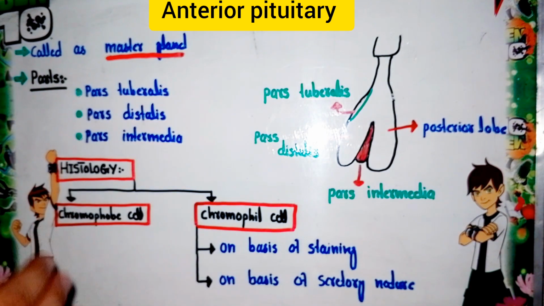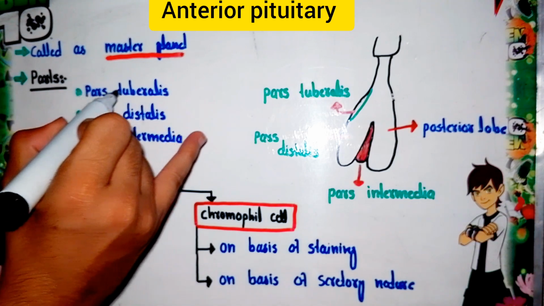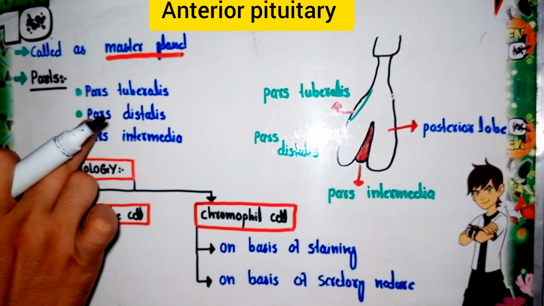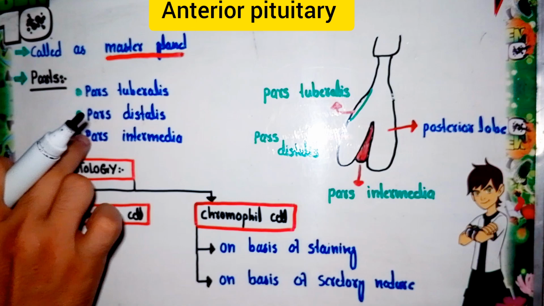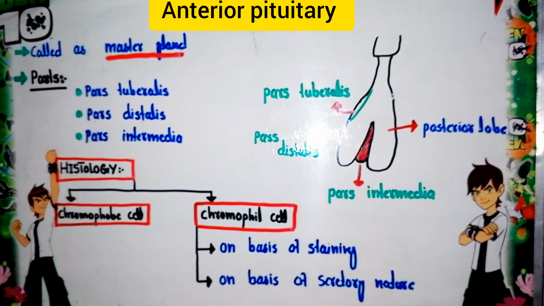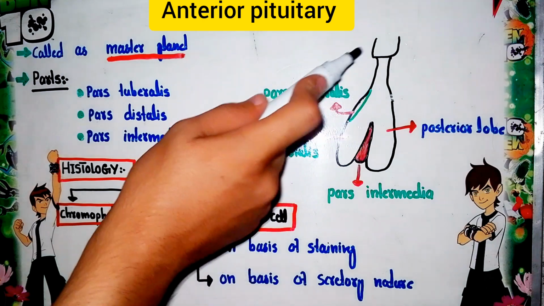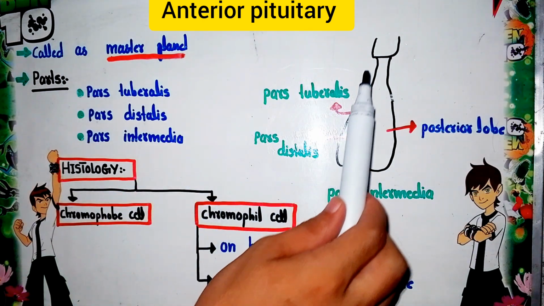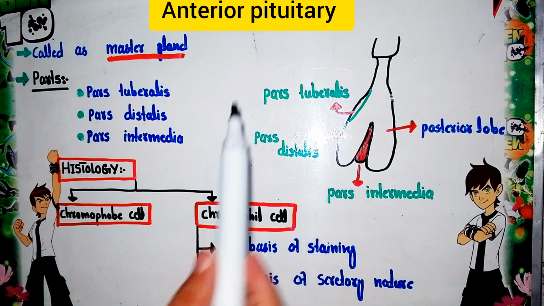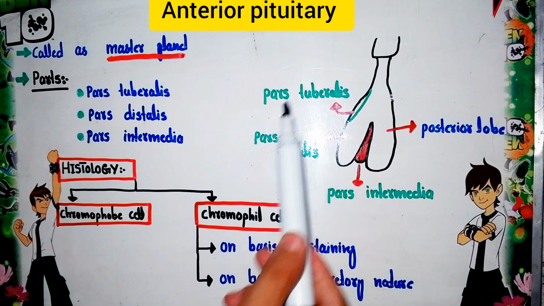Now let's come to the parts of the anterior pituitary. The anterior pituitary is mainly composed of three parts. The first one is pars tubularis, the second one is pars distalis, and the last one is pars intermedia. As you can see here in the diagram, the anterior pituitary is mainly composed of these three parts. The first one is the pars tubularis.